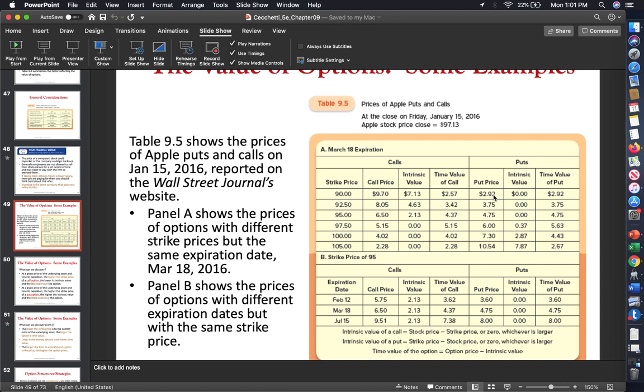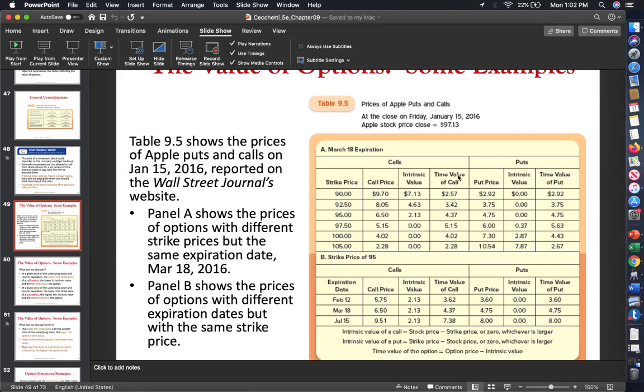Whereas the put option is deep out of the money, right? Strike price of $90, underlying price is $97.13. So the underlying has to go down in price by at least $7.13 for the put option to be at the money, and by more than $7.13 for the put option to be in the money. So that's why, not surprisingly, the price of the put option is a lot lower than the price of the call option.